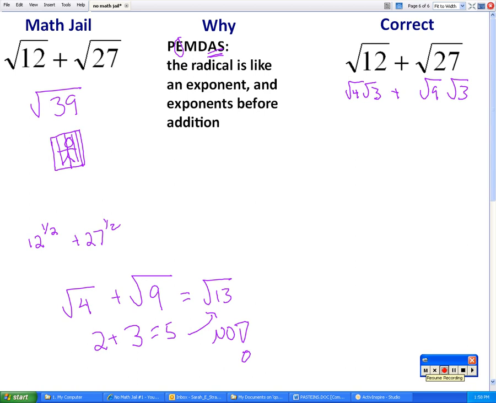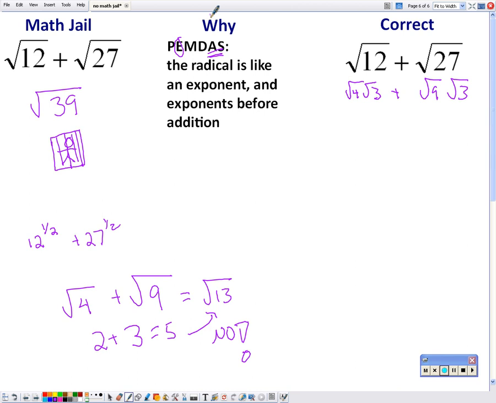If I've got the square root of 9 times the square root of 16, let's just take a second here. We know that the square root of 9 is 3. We know that the square root of 16 is 4, and we know that 3 times 4 is 12.